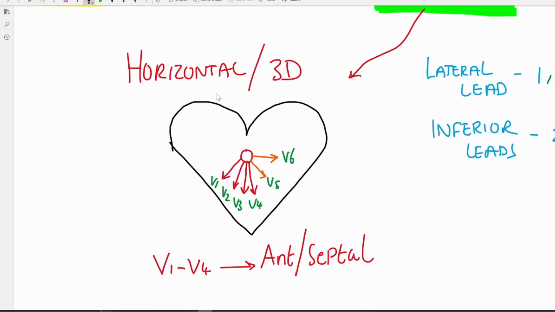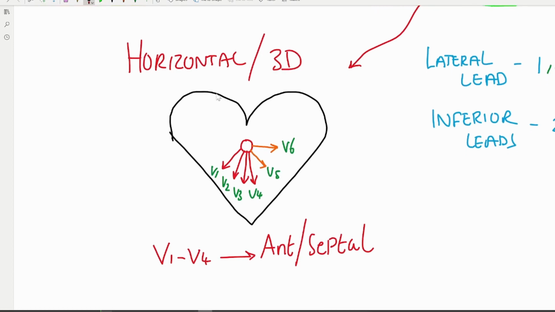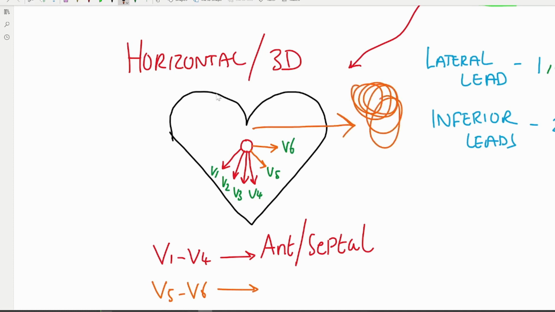Okay? They are our anterior or septal leads. Some people say V1 to V2 is more septal and V3 to V4 is more anterior. But to make things simple, let's categorize it as anterior septal. And so, finally, V5 and V6, if you look at where they're pointing, generally they're pointing in this sort of direction. And what did we say this direction over here is?